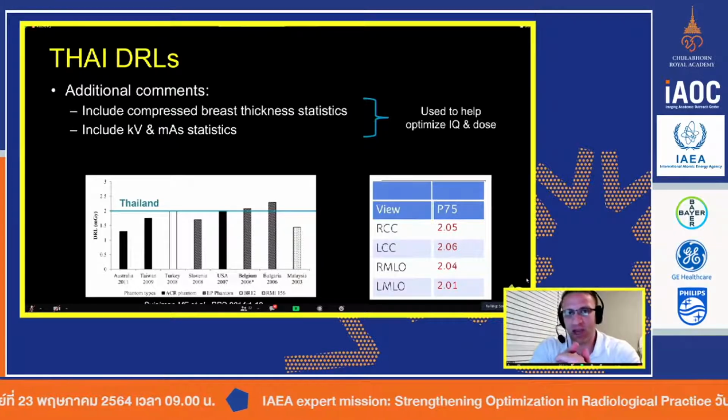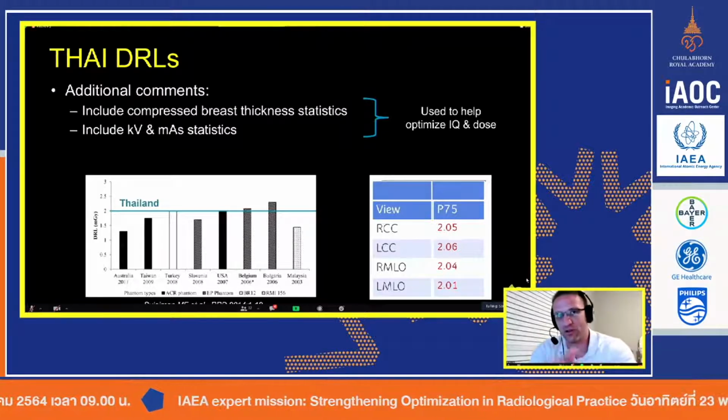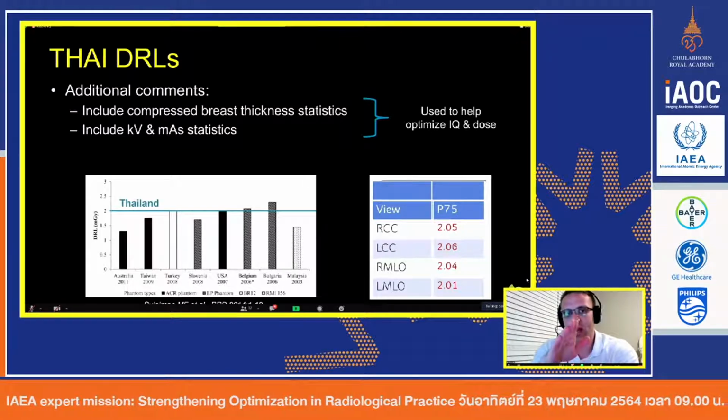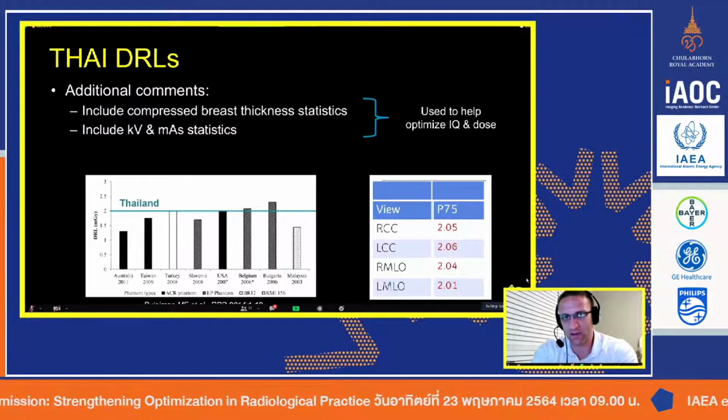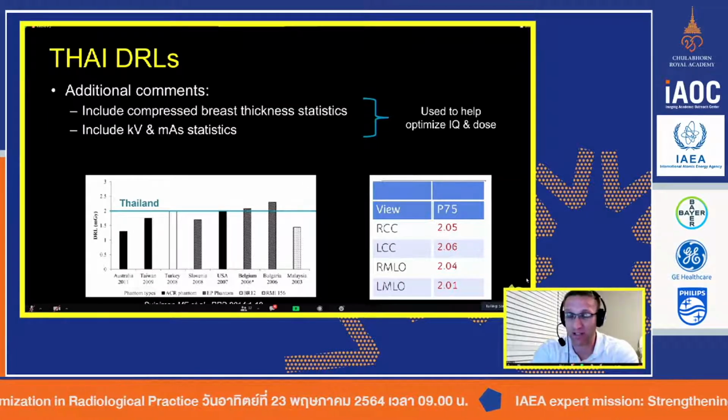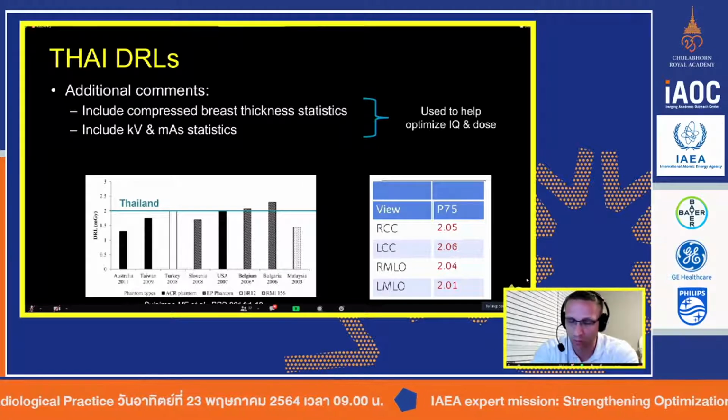Yeah. So Radiometrics, which I know you have invested in, and the IAEA is working with you to get Radiometrics, has the ability to collect kV and mA. I want to say it can do breast thickness. I'm almost certain it can.